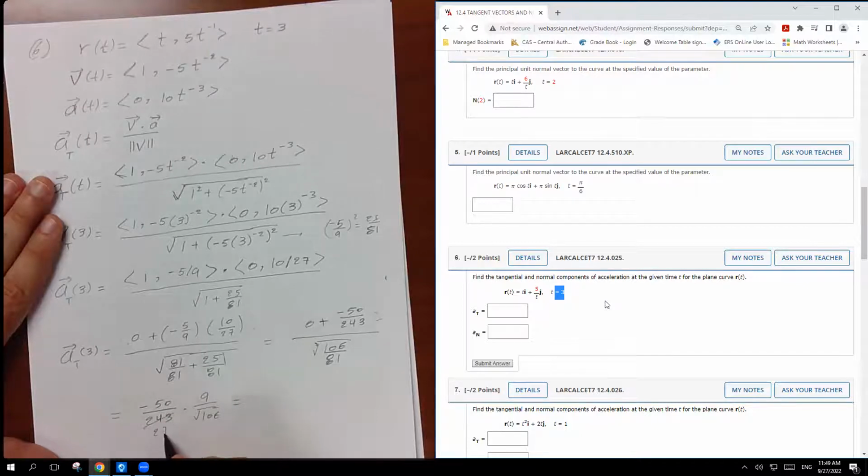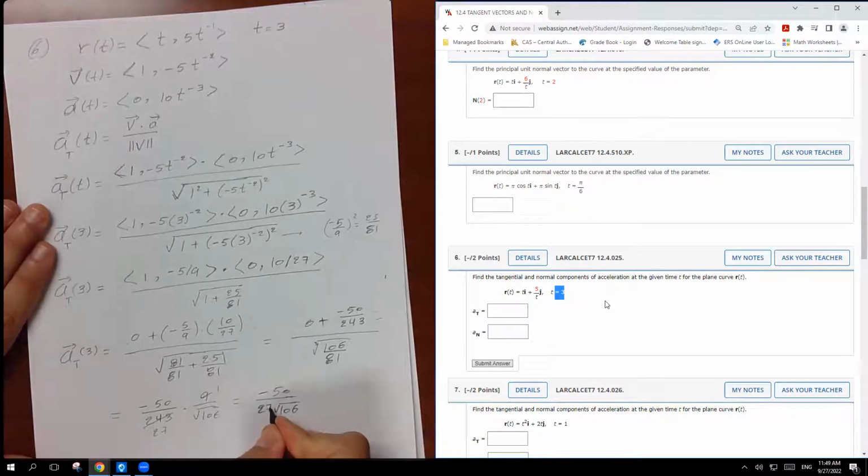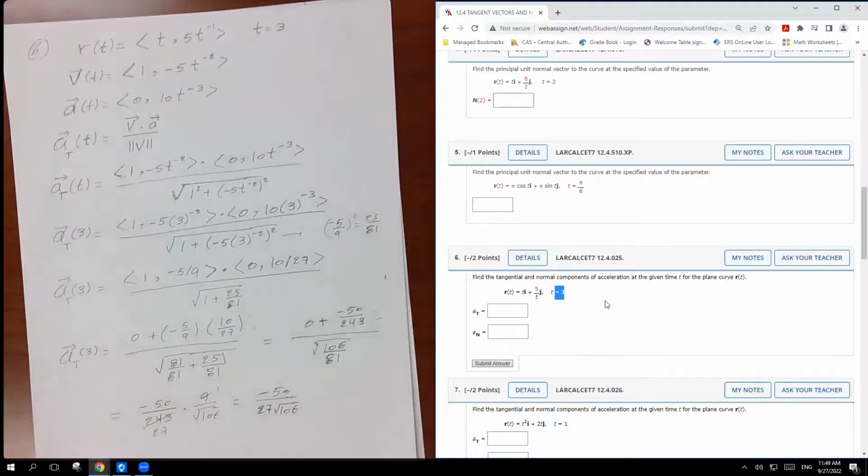This is a 27, this is 1, so it's going to be negative 50 over 27 square root of 106. Let's check 243: you can divide it by 9, by 9, 27, yes. There we go. We need to check this one. We didn't check the previous one.